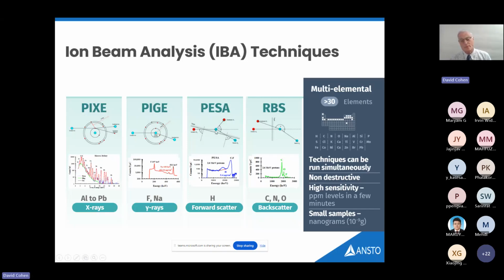The next one is PESA, particle elastic scattering analysis. Now, it's like billiard ball physics. A heavy ion comes into the surface of a material and knocks out a lighter ion. So for instance, you could bring in a helium atom to knock a hydrogen atom out of the surface. You could do that at a glancing angle, or you could have a very thin sample and knock it out the back.